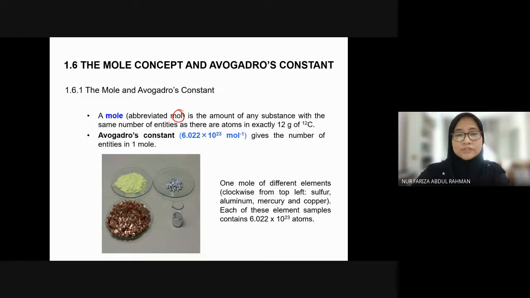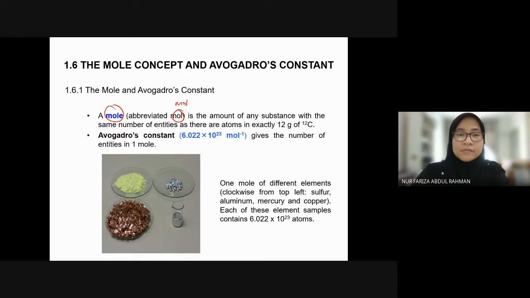If you were asked to calculate the mole, the unit should be mol. If you accidentally write it as mole, it's not a big problem.